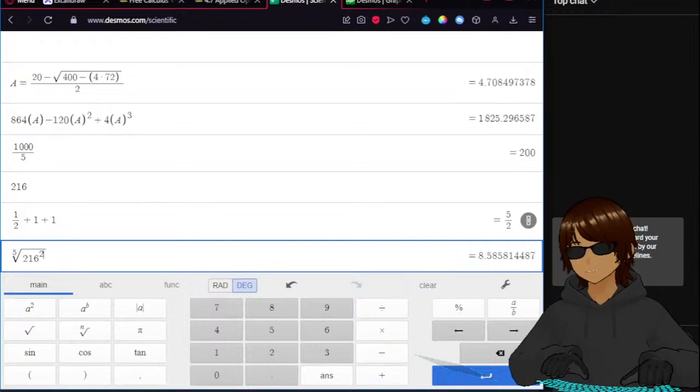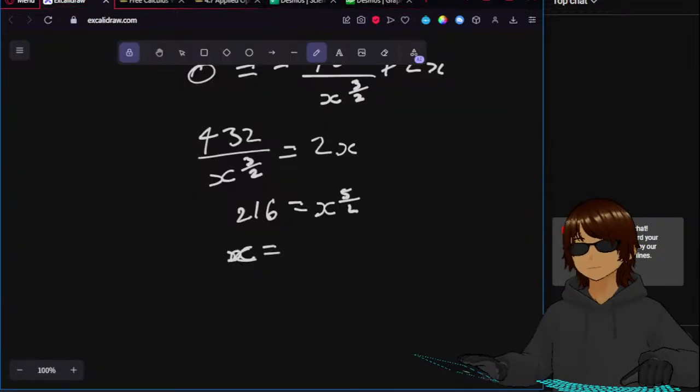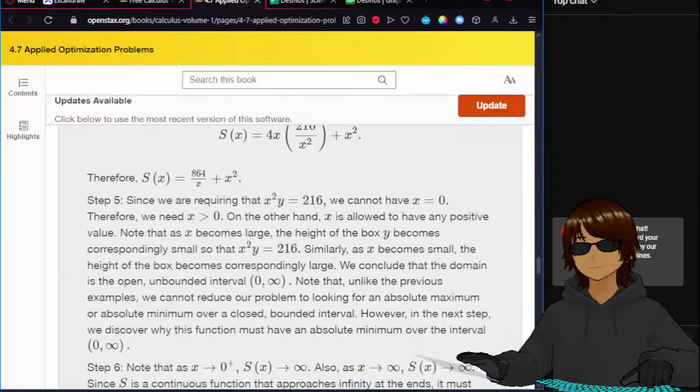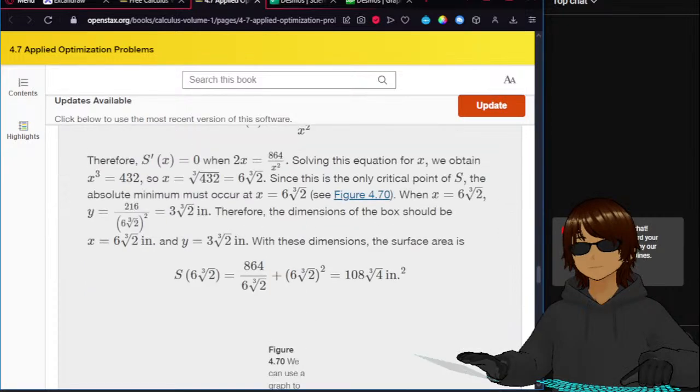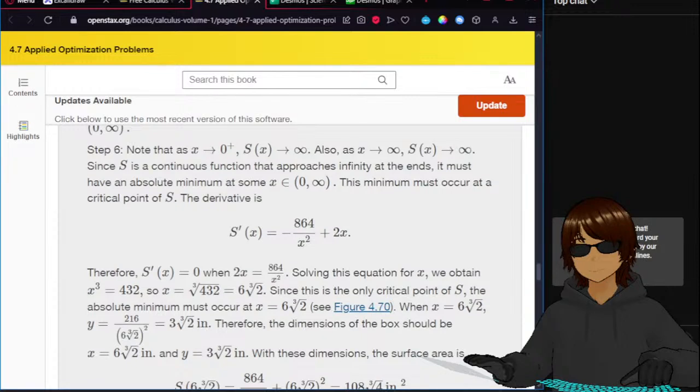Squared 8.58, 8.59. Did I get this correct? Six times.